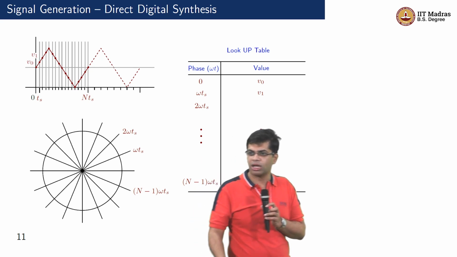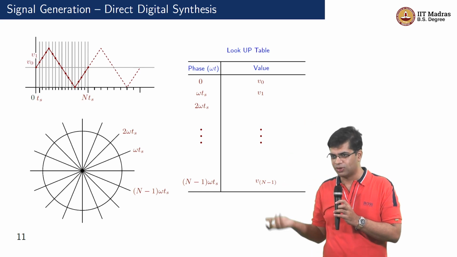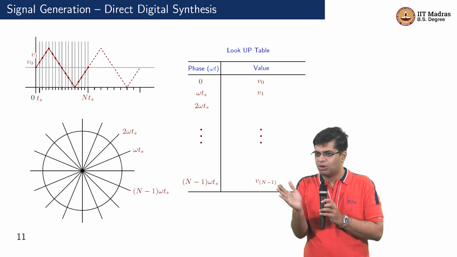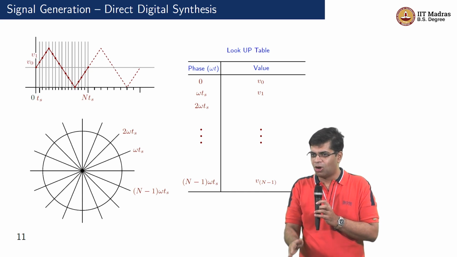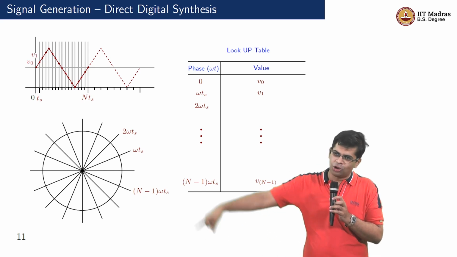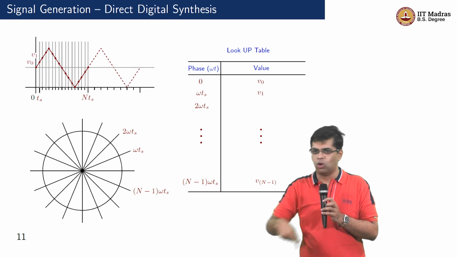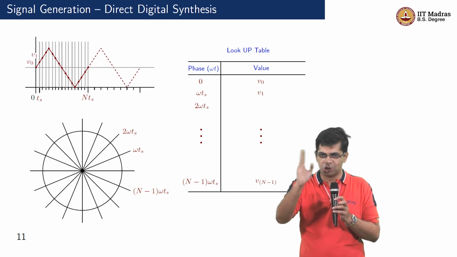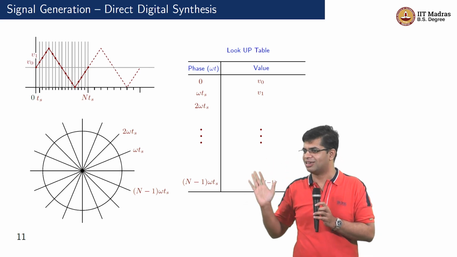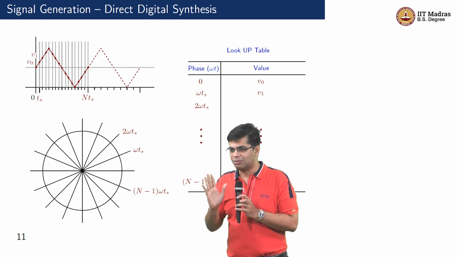Because if you take the product of the frequency, or here I have taken angular frequency omega, into time, whether I am doing 1 kilohertz or 10 kilohertz, no problem. Finally, I have to do a phase of 360 degrees in one period, right? Whether I go very fast or I go slow, I'm going to do 360 degrees. It's a periodic signal. So phase is a good key for my lookup table.